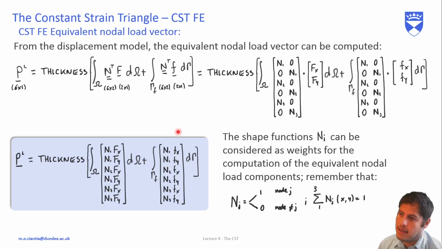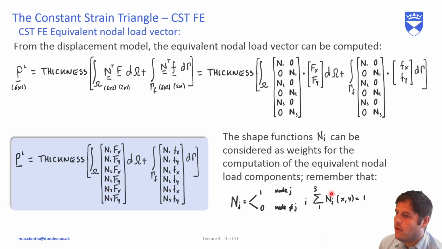Basically, the shape function can be considered as a sort of weight for the computation of nodal load vectors, remembering that Nj is equal to 1 on node j and 0 when you're not on node j.